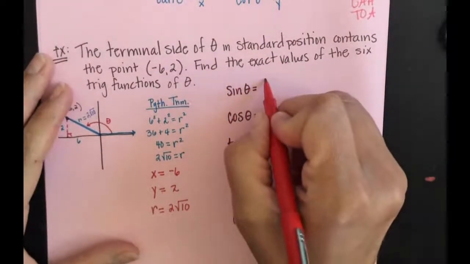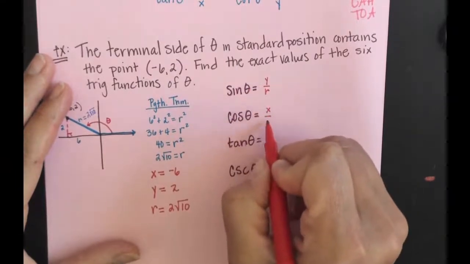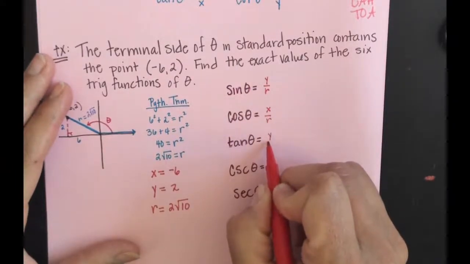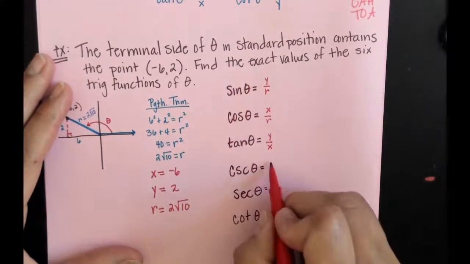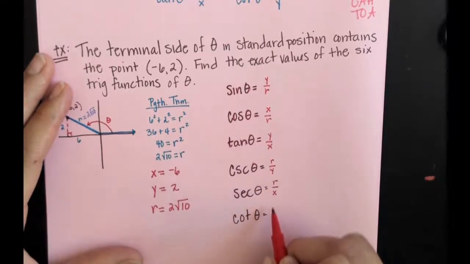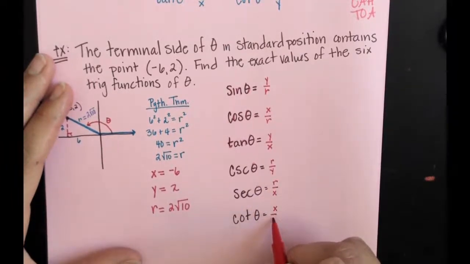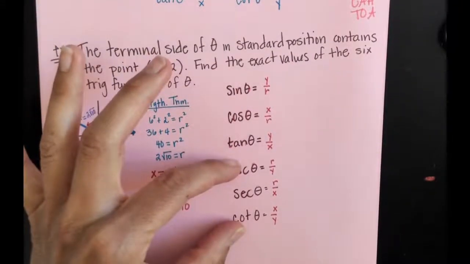But now it's y over r, x over r, y over x, and then all of the reciprocal functions. So r over y, r over x, and x over y. So once we know these three, we just have to flip them here.